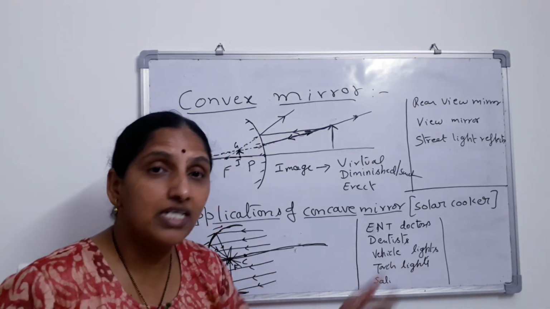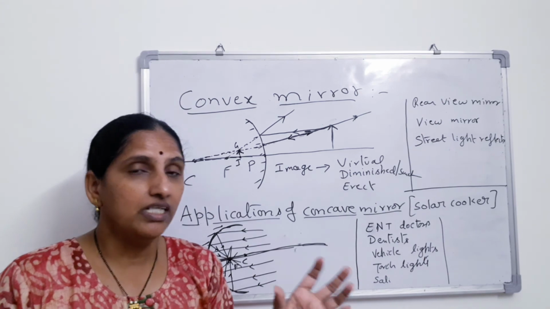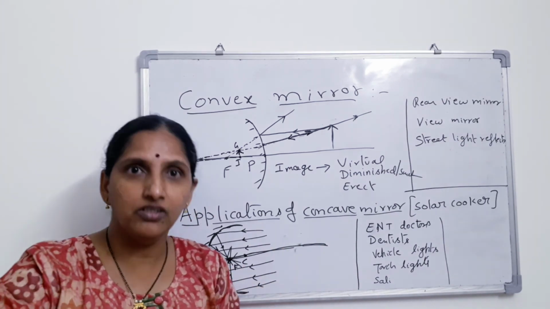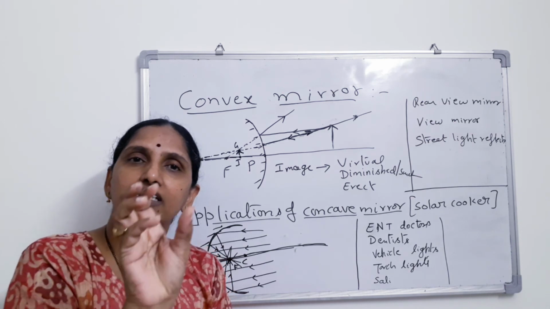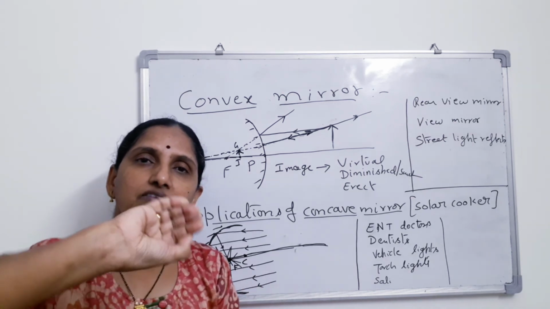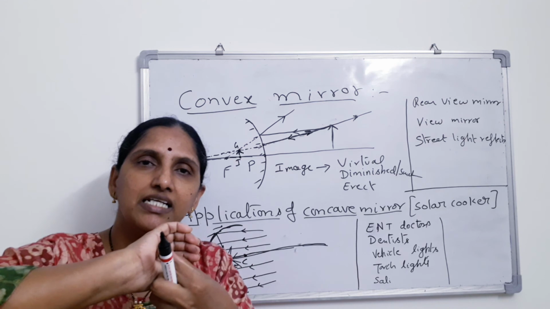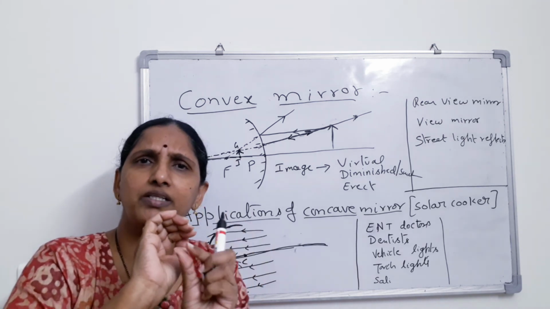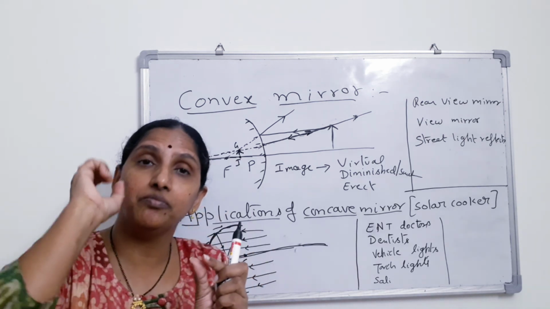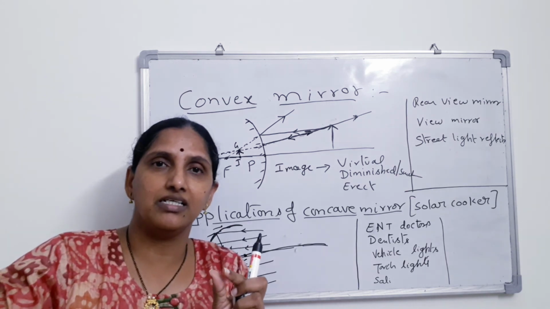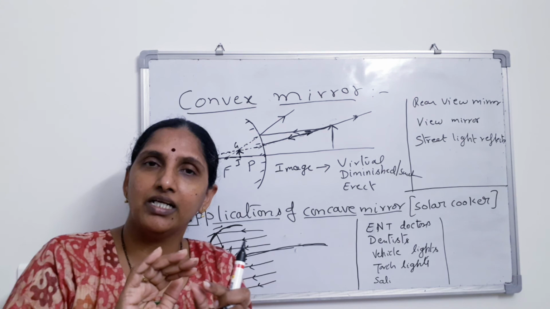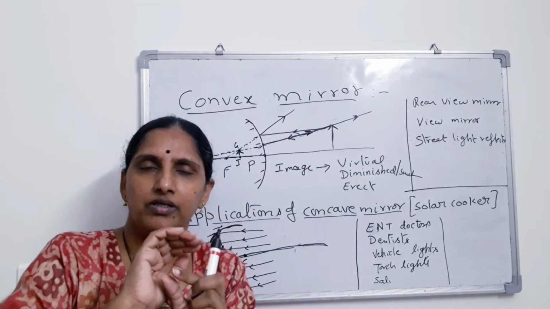And then torch lights. You can open a torchlight and see that there is a concave reflecting surface inside, and a very small bulb in it. But it gives out light as if it were a 30 watt bulb at least. Why?